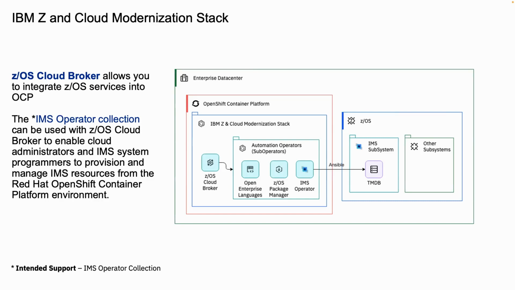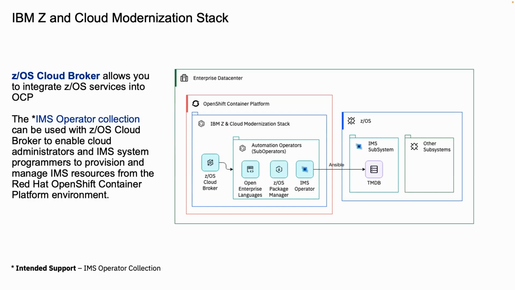Yeah, thanks, Haley. So what I want to talk about, again, in terms of the IBM Z Cloud Modernization Stack, is what we've been working on around specifically leveraging the z/OS Cloud Broker alongside IMS. Firstly, the z/OS Cloud Broker, as mentioned, allows you to manage your z/OS resources within a Kubernetes control plane, OpenShift being that Kubernetes control plane.